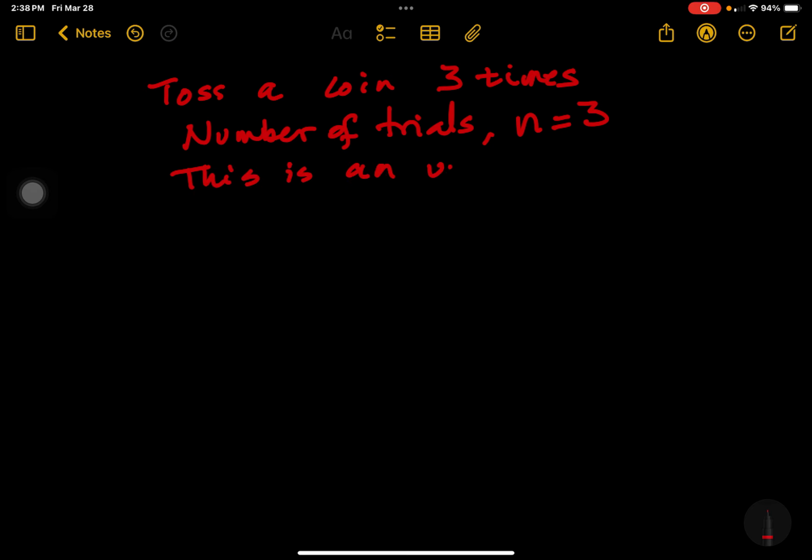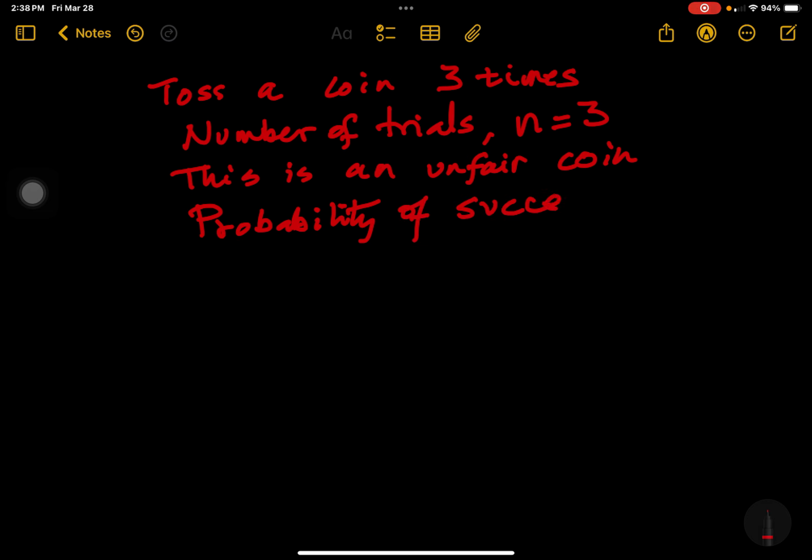What does unfair coin mean? The probability of success here is to get heads, which is given by small p, and is equal to 0.6 in this case.